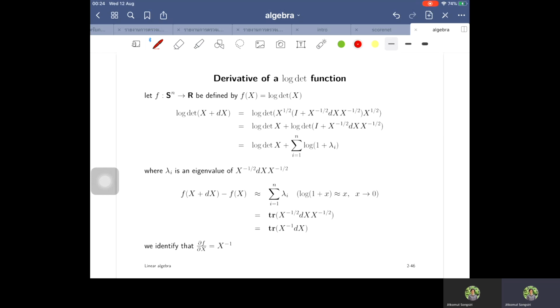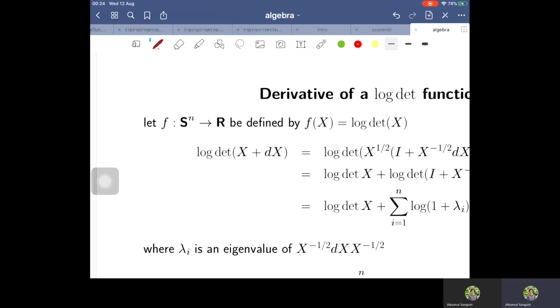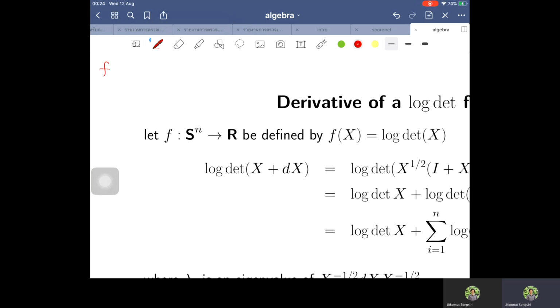Next, and should be the last, log det function. We go back to the scalar case. Okay, if f(x) is defined as a log x function, natural log, what is the first derivative? Of course, it's 1 over x.